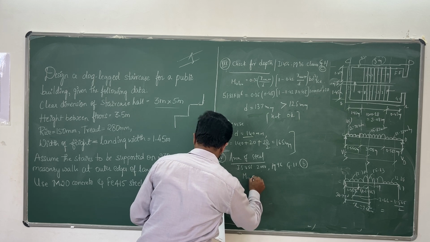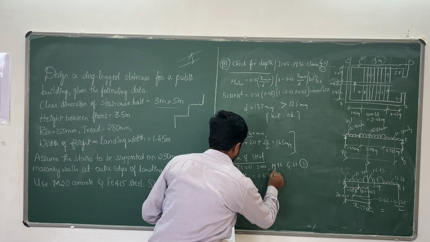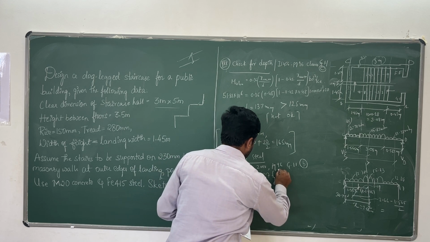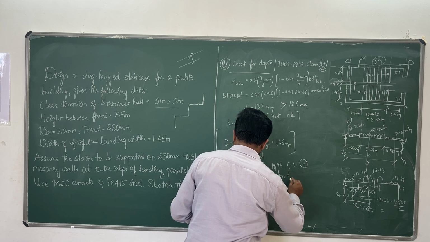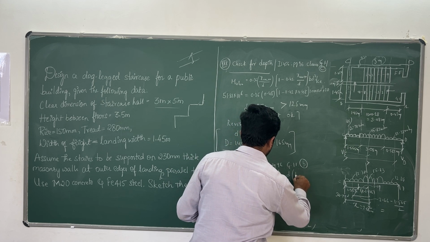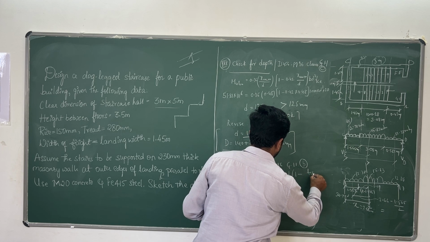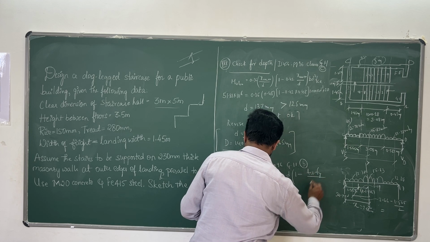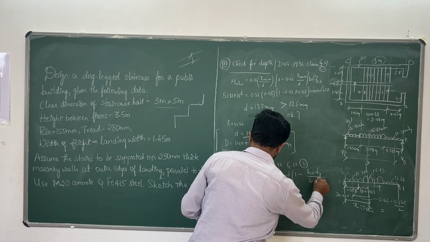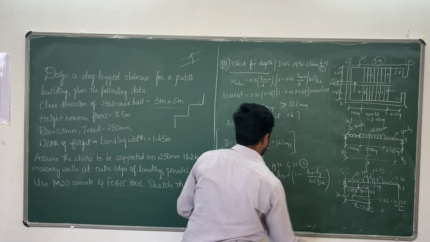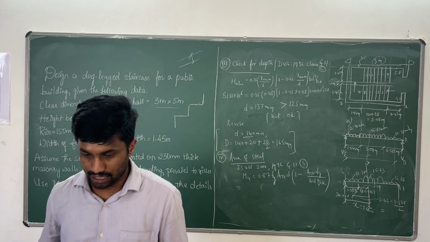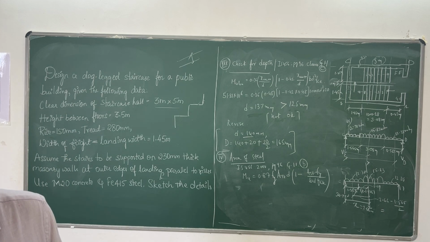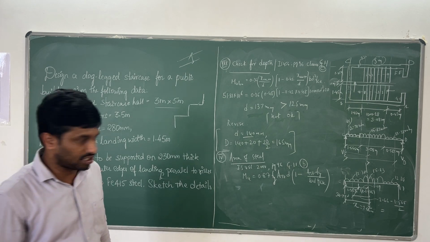Mu equals 0.87 fy Ast d into 1 minus Ast fy divided by b d fck. So this is the given equation. Now you substitute all, compute Ast.